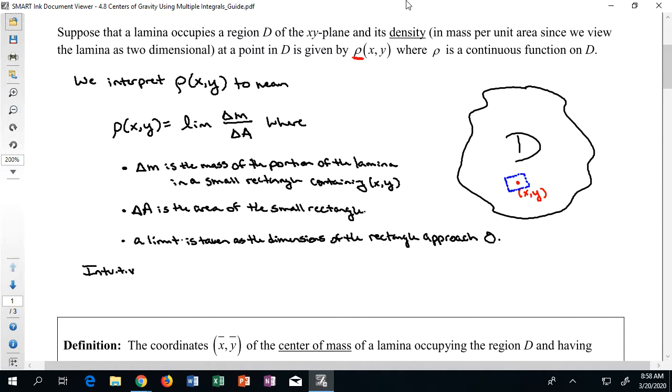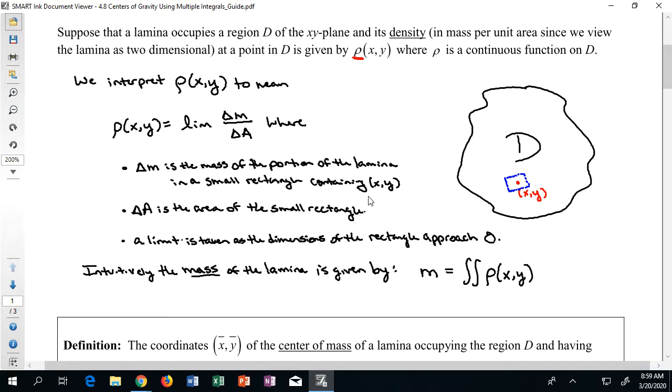So then I can say that based upon how this is defined, intuitively, we could say that the mass of the lamina is given by the following. I really want to add up all the masses across all the different possible points within my region.